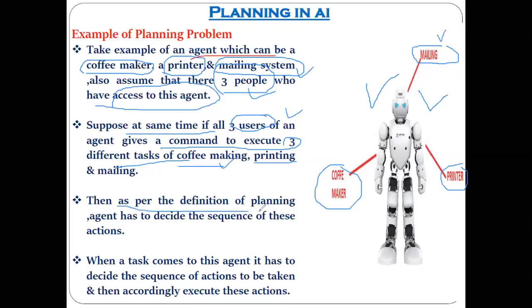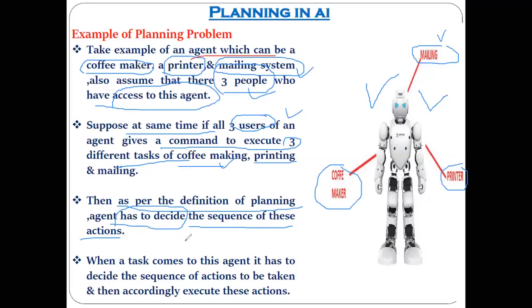As per the definition of planning, the agent has to decide the sequence of these actions, what action he needs to perform first. It is not possible for him to perform every activity simultaneously. Yes or no?